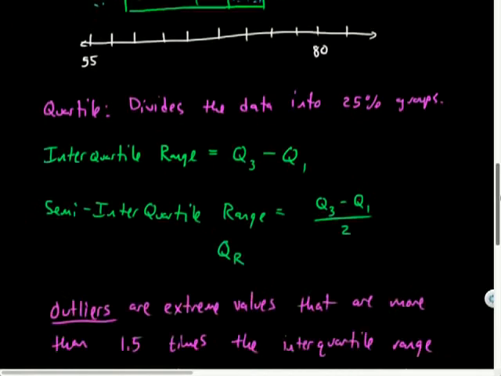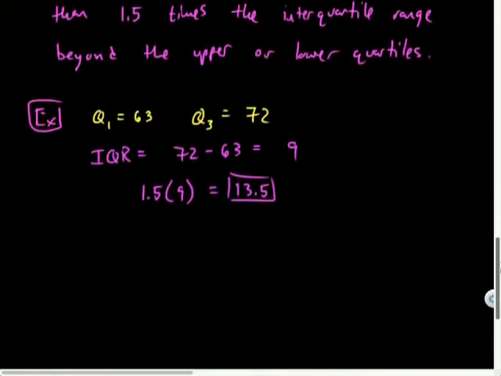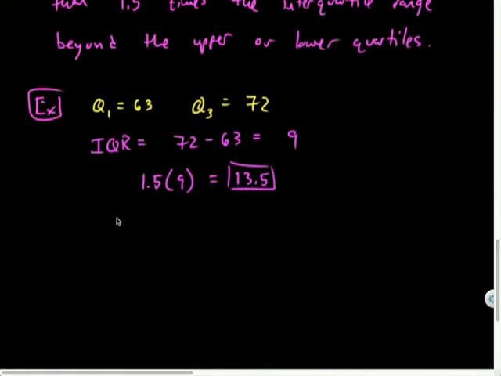So I would be interested in 63 minus 13.5 or 72 plus 13.5. 63 minus 13.5 is going to be 49.5, and 72 plus 13.5 is going to be 85.5.